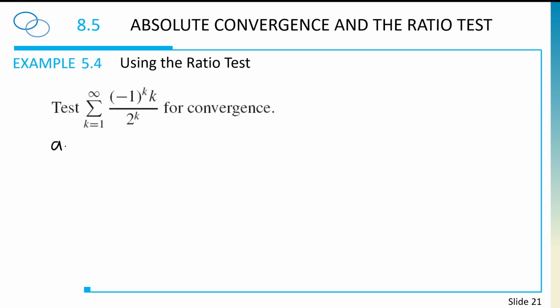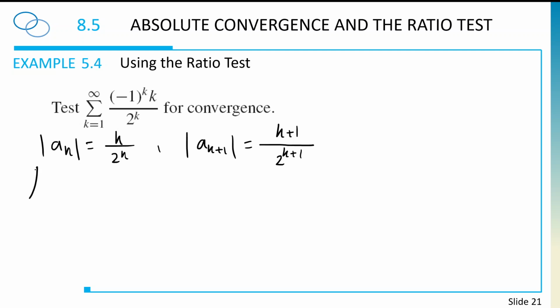I'll take the absolute value of ak. It equals k over 2 to the power of k. Then I need the absolute value for k plus 1, just as we usually do with increasing and decreasing. So this is k plus 1 over 2 to the power of k plus 1. Now divide them by each other and take the limit as k approaches infinity.